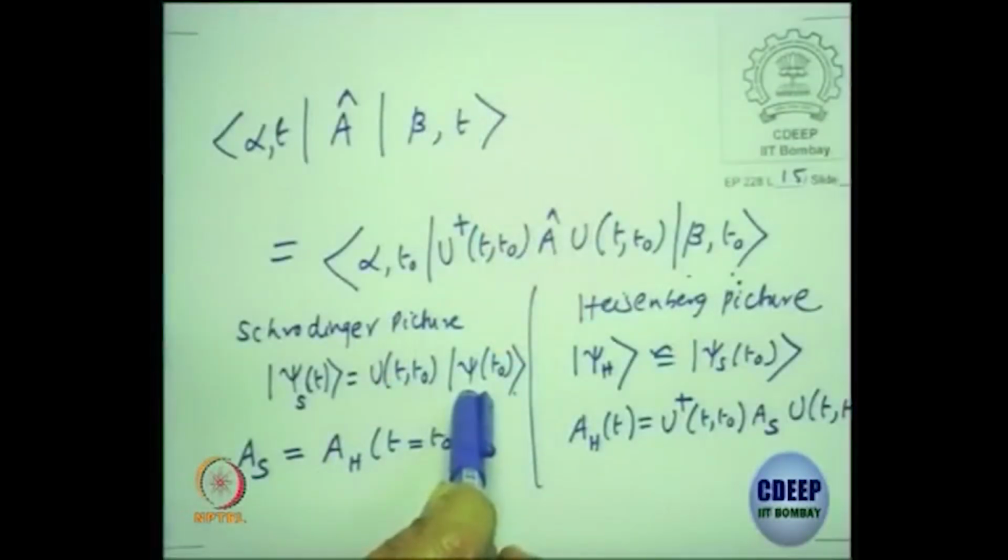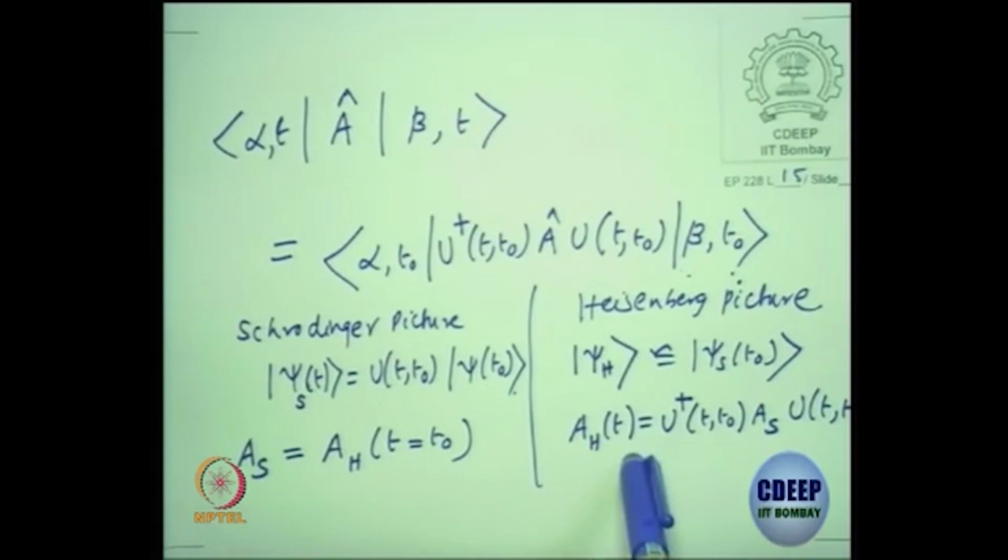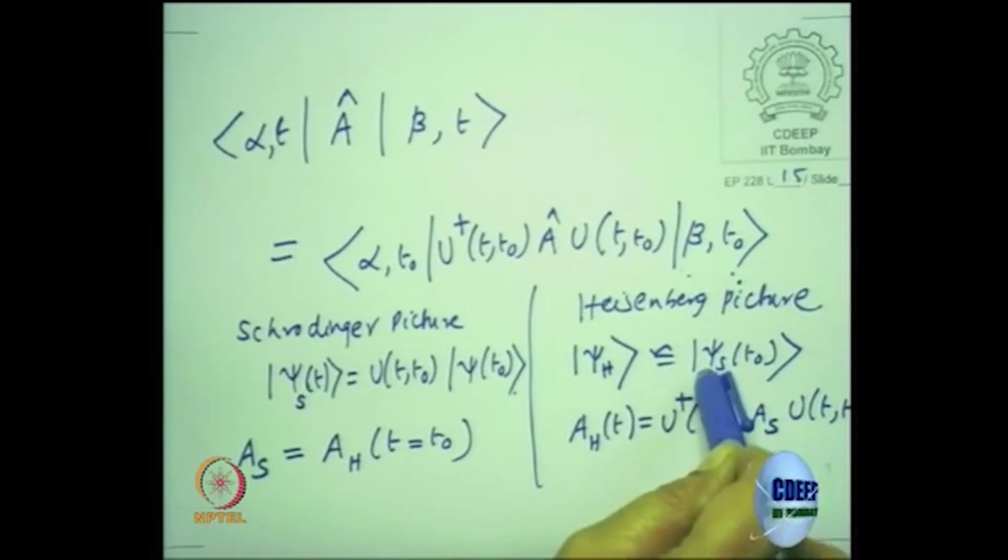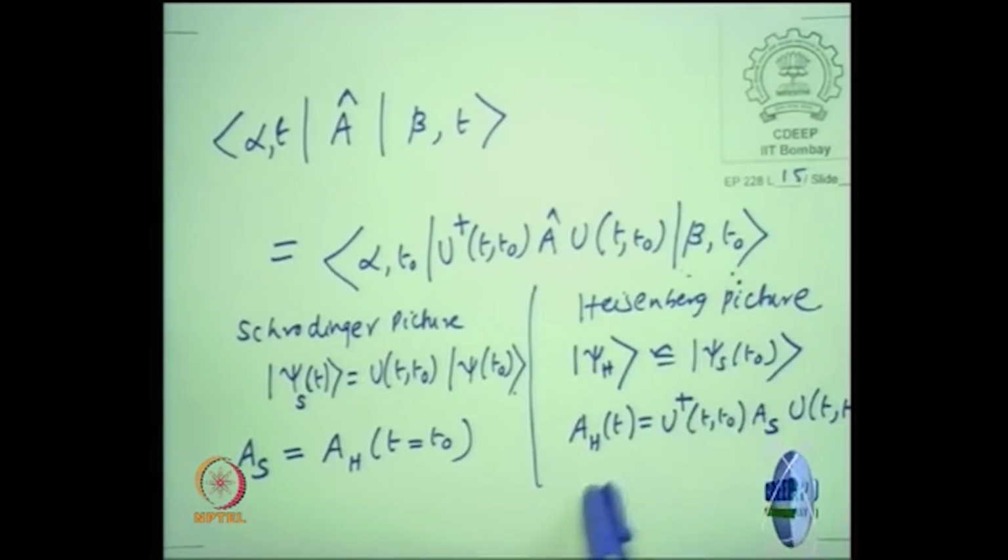There is no time evolution of the operator here, but there is a state evolution of the states here. Equivalently, in the Heisenberg picture, states don't evolve in time, but operators evolve in time.